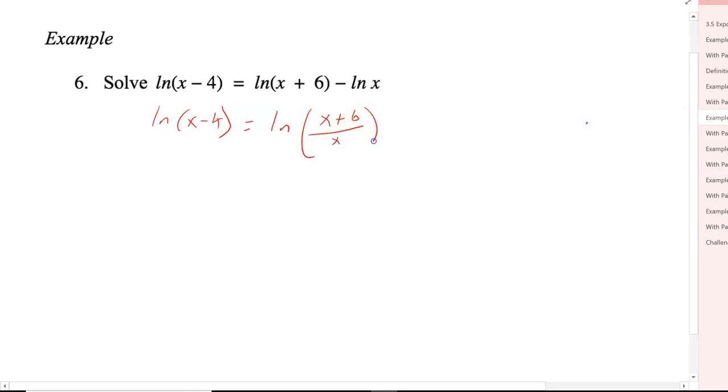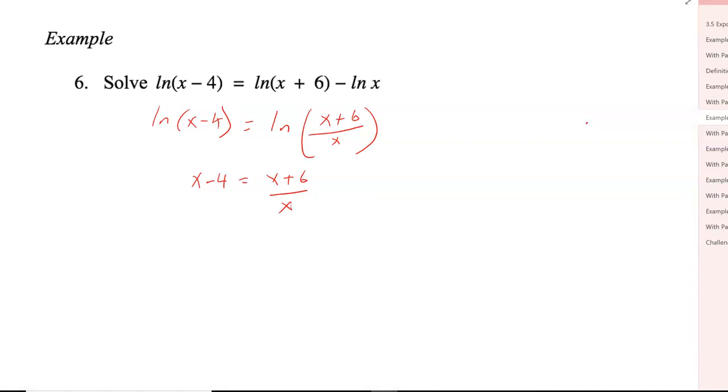over x. Now we can use the equivalence properties to say that since we're taking ln to the same base, the arguments must be equal. So x minus 4 will be equal to x plus 6 over x.